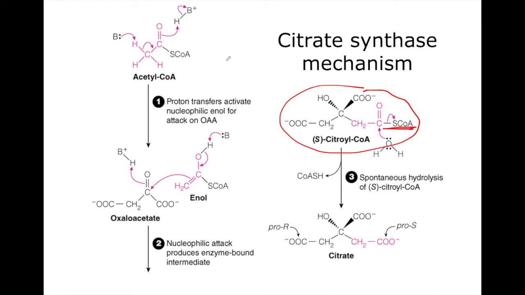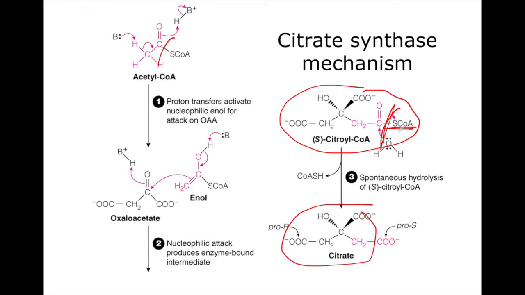Remember, the hydrolysis of that thioester bond releases a lot of energy. So we don't want to just cleave that right off the bat and waste that energy. So once we get our 6-carbon intermediate formed, then we have a spontaneous hydrolysis of that thioester bond, releasing our 6-carbon citrate molecule here.